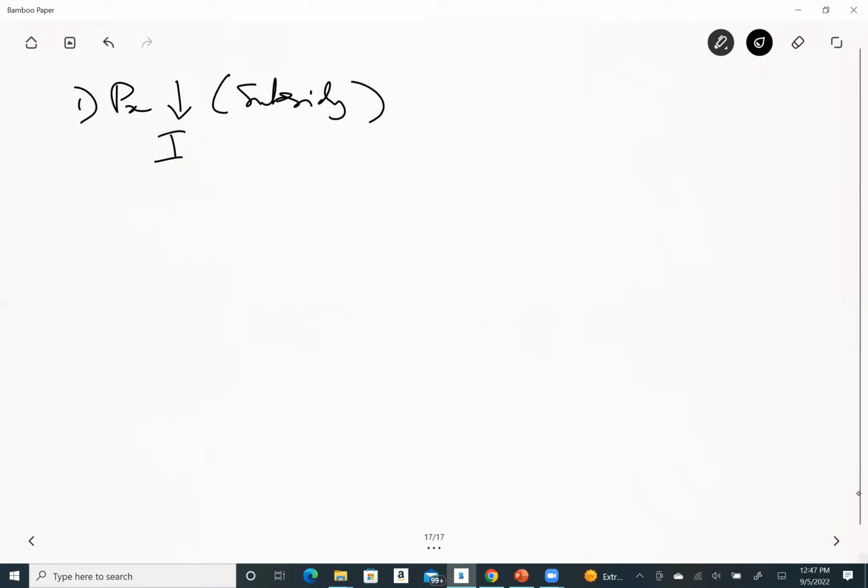So number 1, with the price of X decreases, that means through the subsidy, then there are 2 effects. Number 1, I over PX increases. That means real income increases. Now, because the price of X goes down, I have more real income. All right. If I spend all my money on X, I can buy more X with the same amount of income. So real income increases. That is the income effect.